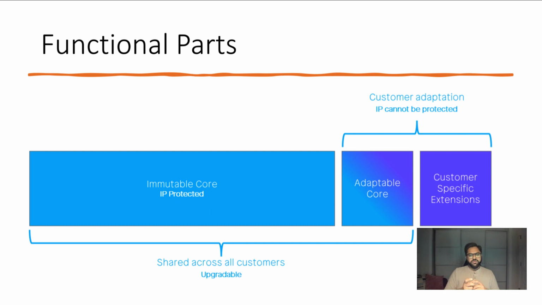The core logic, where the APIs happen, where I do all the calculations, where all the basic functionalities are, I would put in the immutable core. Those are IP protected, and the UI is adaptable, so people can make changes to it. And then the third part is customer specific extensions, where they could add their extensions and all those things.